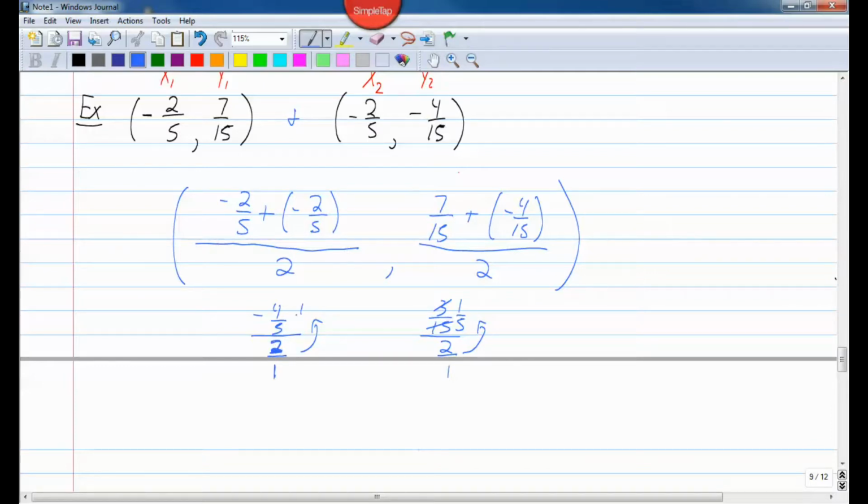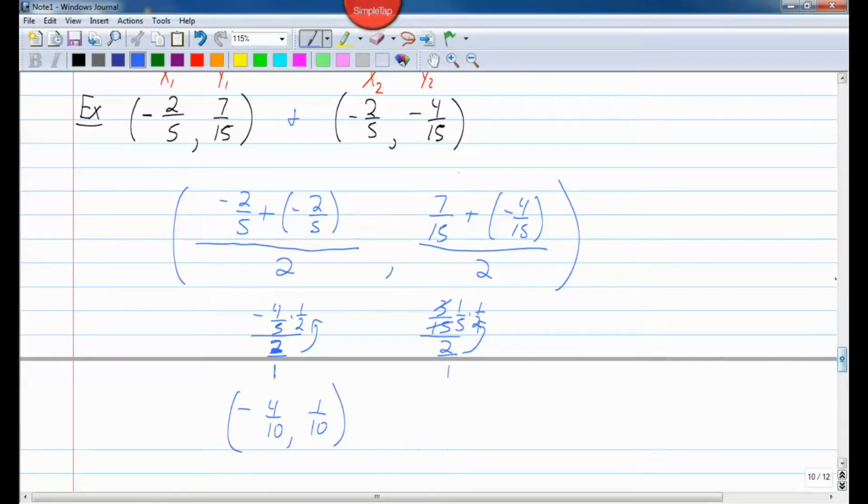So we're going to multiply the numerator by 1/2. Both of these. So this now becomes negative 4/10 and 1/10. So I took the denominator, I flipped and multiplied.